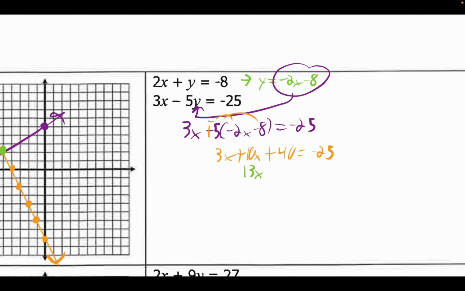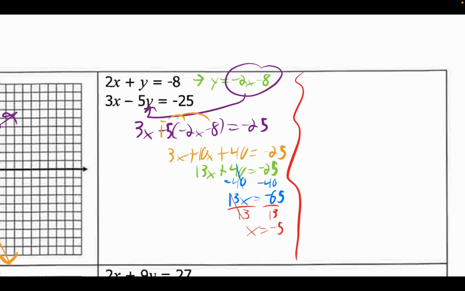Combine like terms and I get 13x plus 40 equals negative 25. Then I will go ahead and subtract 40 from both sides. And I get 13x equals negative 65. And if I divide by 13, I get x to equal negative 5.